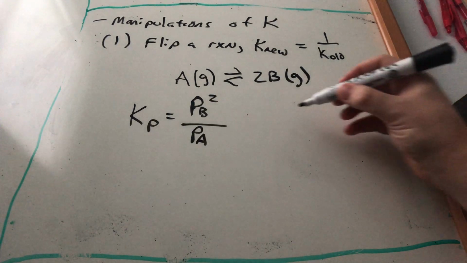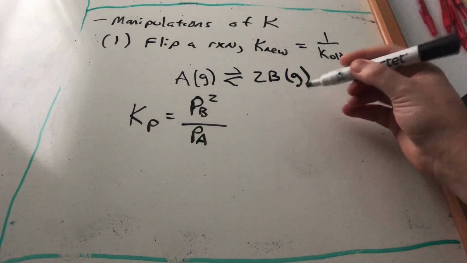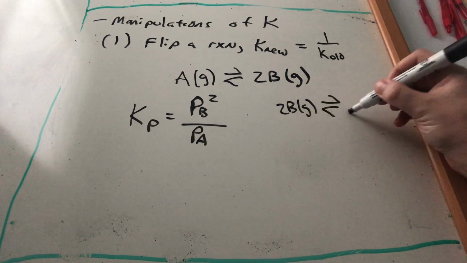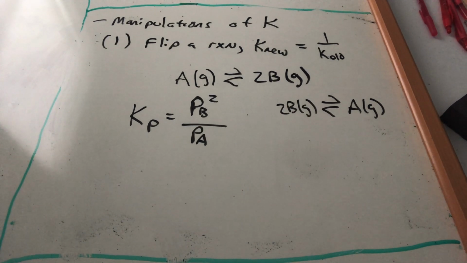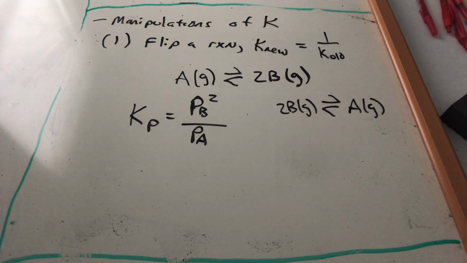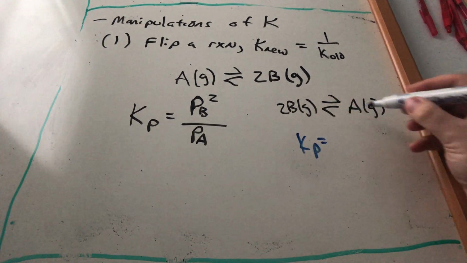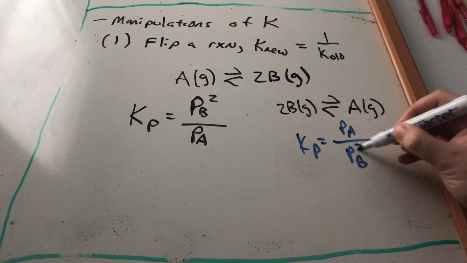Well, what happens if I instead decide to analyze a reaction that looks like 2B gas going to A gas, right? Well, if I write that Kp, and this will be like our Kp new, there's my pressure of the product, here's my pressure of the reactant squared.